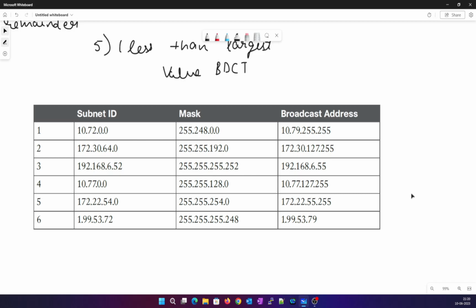The lowest value in the range becomes the subnet ID, and the broadcast address is one less than the highest value in that subnet range. I hope this math is easier once you start to get a hang of it. Once you start to calculate using this method, this subnetting is a piece of cake.